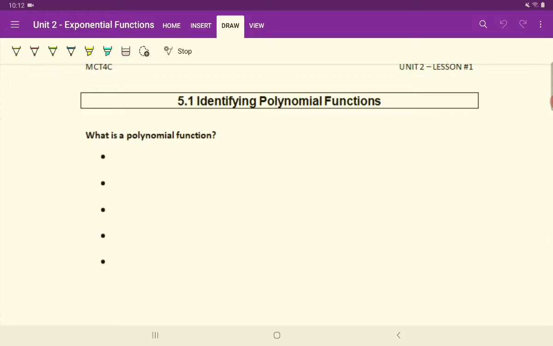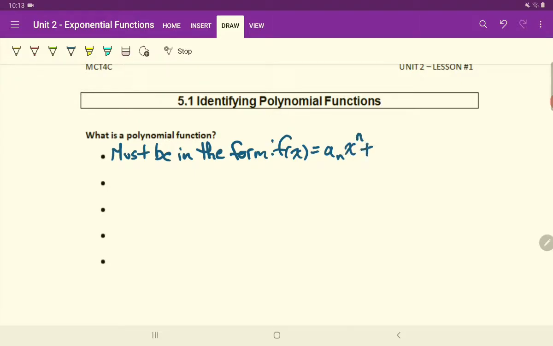And I'll give you the general form. So let's just write it must be in the form, f of x is equal to, and I'm just going to write this out and I'll explain all the variables and exponents and letters used in a second. So I'll just write it out.